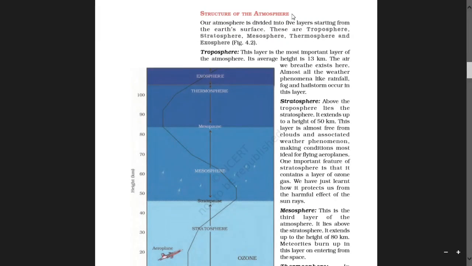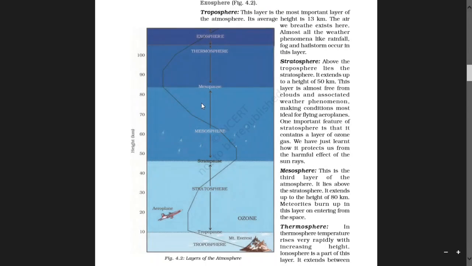Structure of the atmosphere. Now let us see the structure of our atmosphere. Our atmosphere is divided into 5 layers. Here in the diagram, figure 4.2, layers of the atmosphere, you can see here, boys, these are the divisions of our atmosphere.